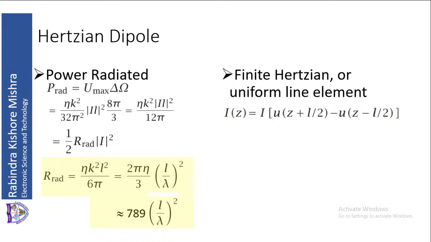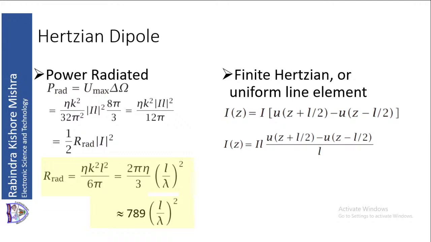Let us take L by lambda equal to 1 by 100, which is less than 1 by 50, so that is okay. 1 by 100 is 0.01, and 0.01 square is 0.0001. Multiply that with 789, and that will give you a very small value. So R_rad is a very small value.